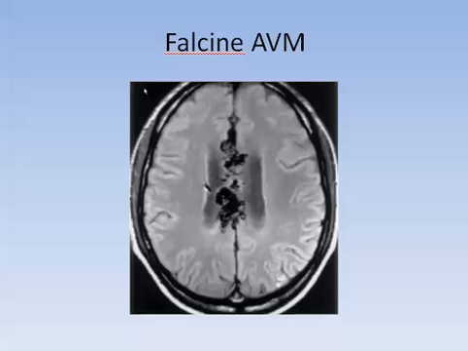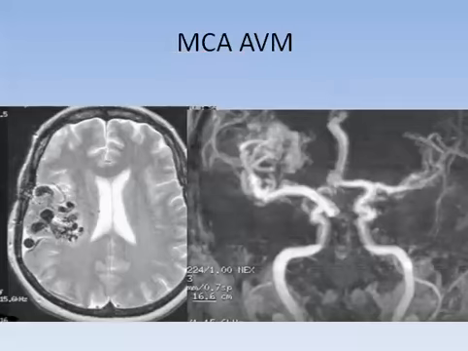Tortuous serpentine vessels from the middle cerebral artery, and again here it is both parenchymal and dural, with drainage into a superficial cortical big vein.